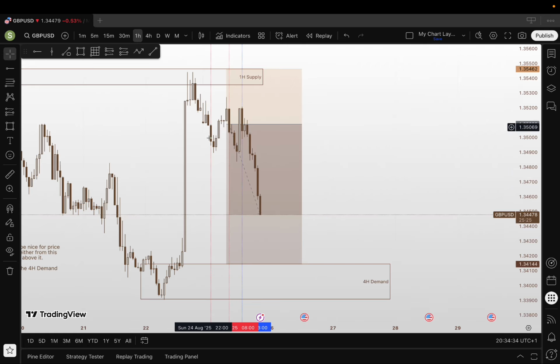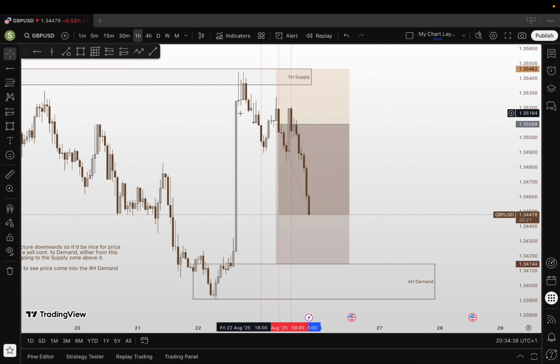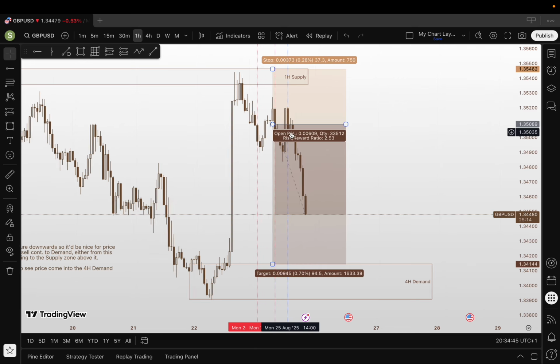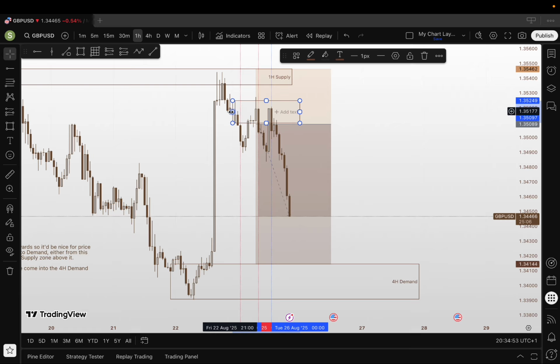So for GBP/USD, entered on our supply, gave 5 minutes confirmation, breakup structure, would have entered here during this retrace. This would have been a new 1 hour supply zone after the move that sweeps liquidity.